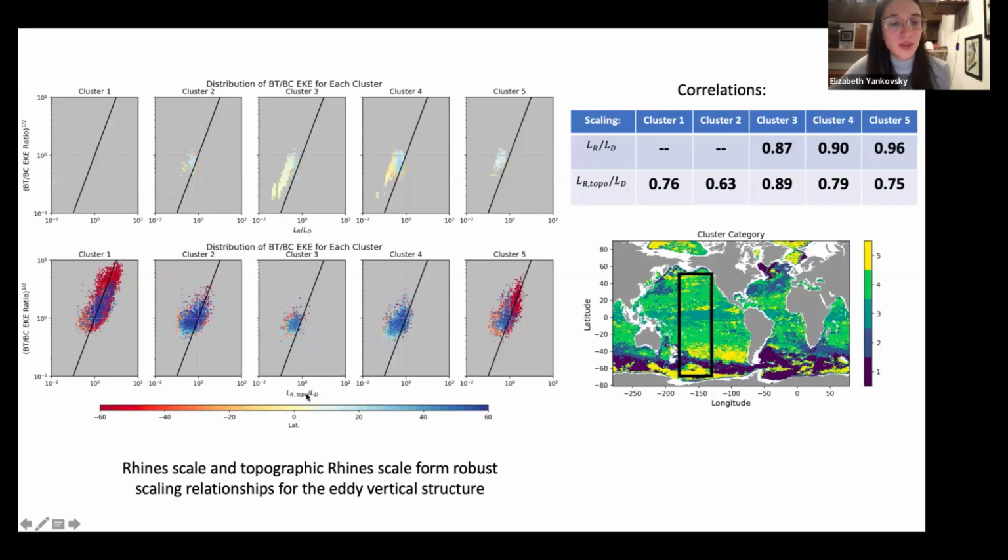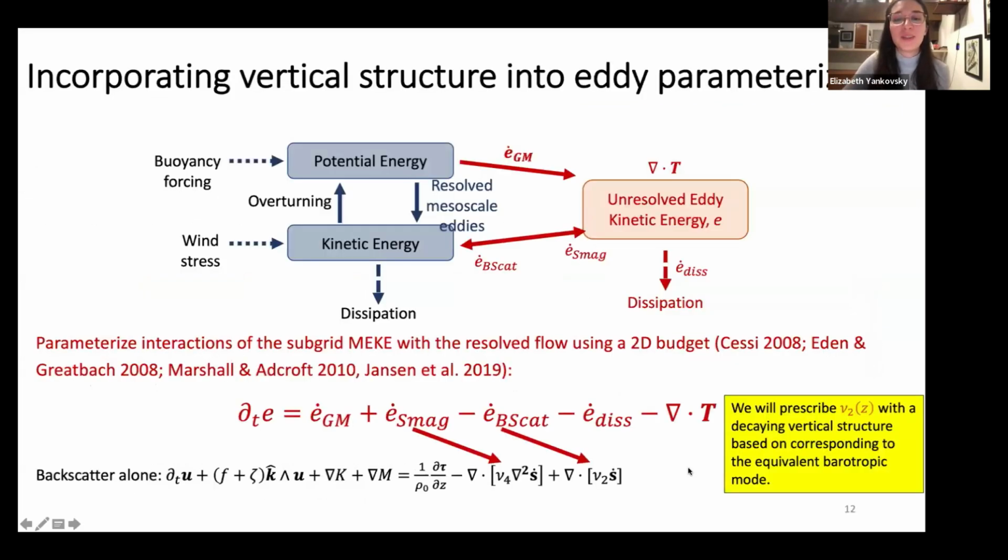For the lower case, it's just the topographic Rhines scale. The one-to-one line shows the prediction. In both of these cases, we see really good agreement, particularly in cluster one, which is that highly barotropic purple case. So overall, this confirms that these scaling relationships can really tell us a lot about eddy vertical structure.